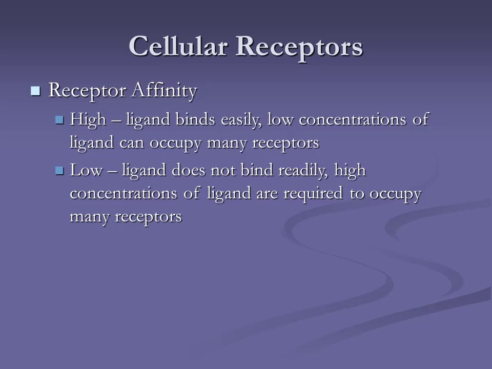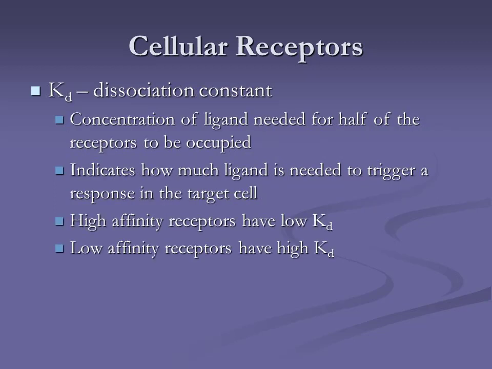So the way that this is reported, how strong a ligand binds to the receptor is referred to as affinity, and it's reported as the dissociation constant. So you look at the concentration of your ligand that's needed for half of the receptors to be occupied and stimulated to give us this dissociation constant.